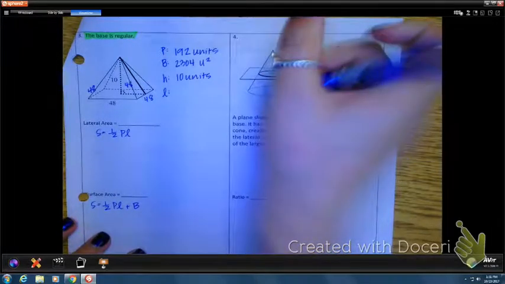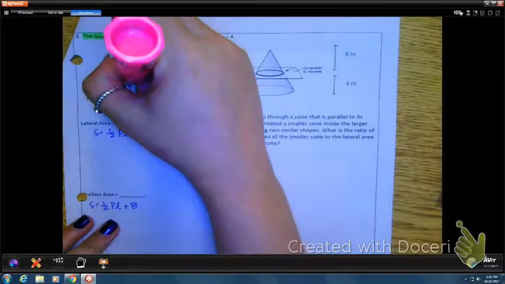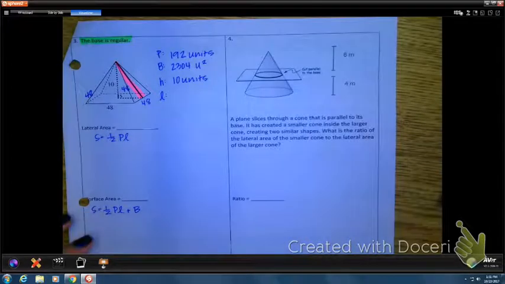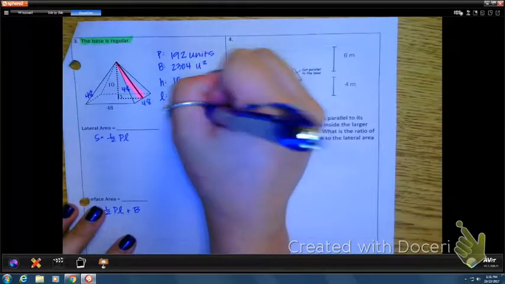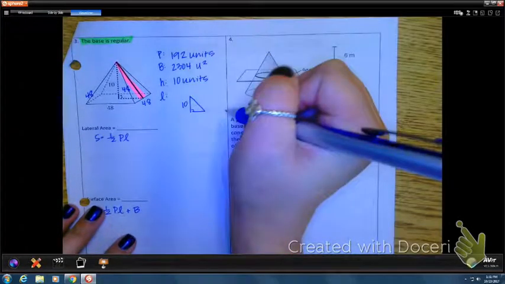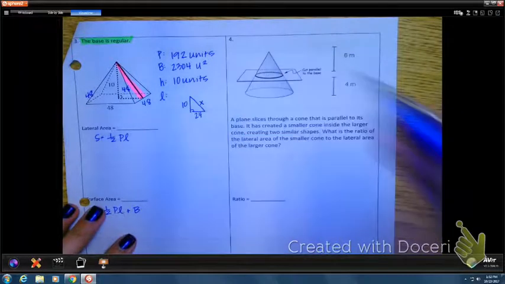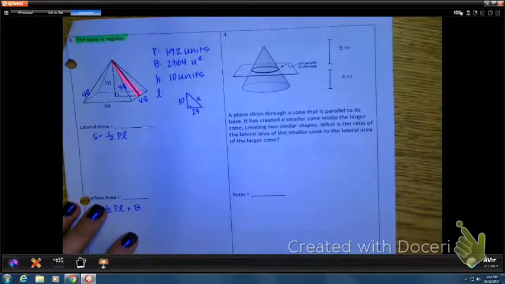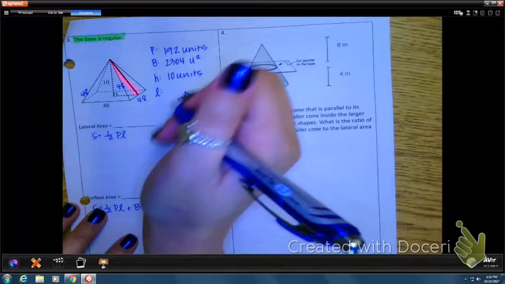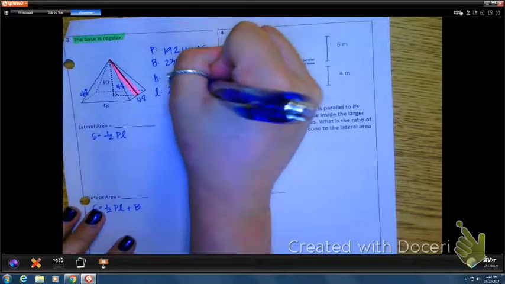Our slant height is unknown, so you needed to find your slant height. If you draw your right triangle off to the side, you had 10 as your height, 24 as one of your legs, and you were solving for x. Your slant height should have been 26 units.